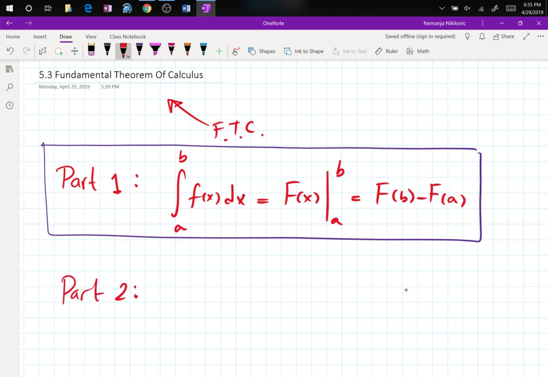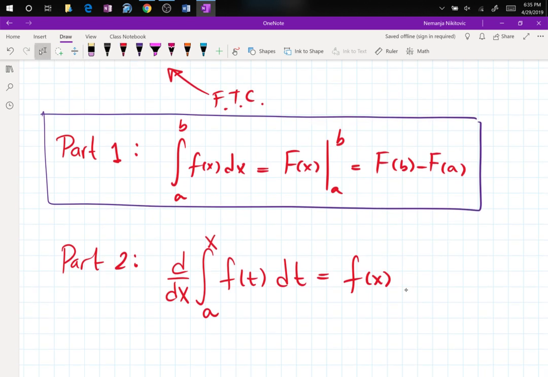And this one says, lock the doors: the derivative of the integral from a to x of f of t dt is equal to f of x. Note that it's a lowercase f everywhere.